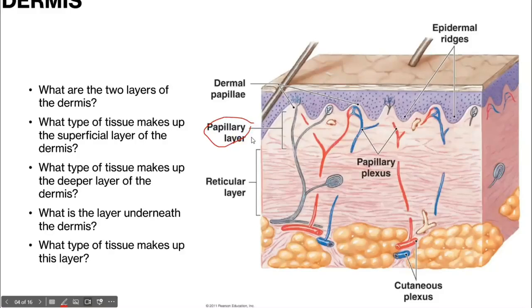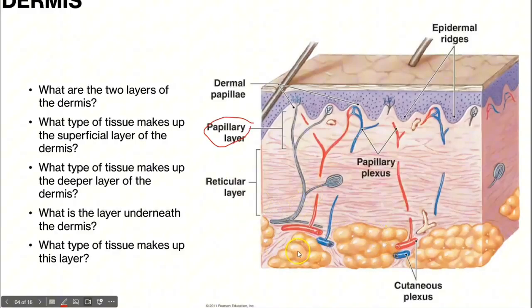You should know that the papillary layer of the dermis is composed of areolar connective tissue. And then the reticular layer of the dermis is composed of dense irregular connective tissue. So make sure you know what the two areas of the dermis are, and what the tissue types are in each area.